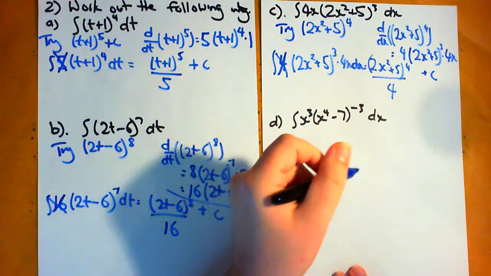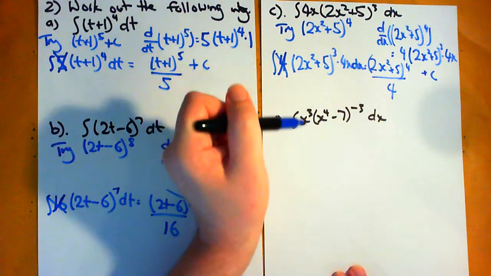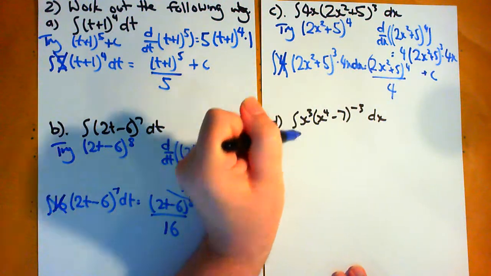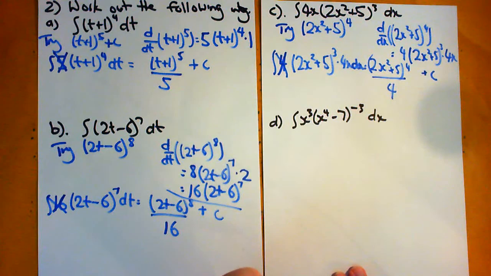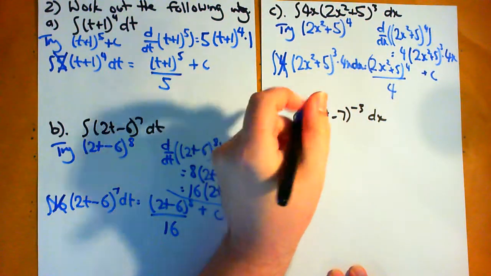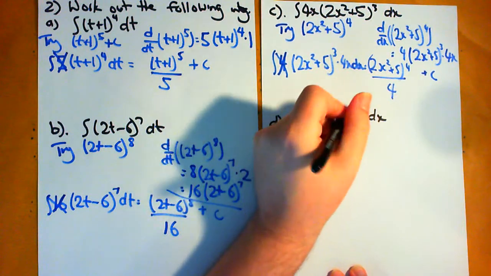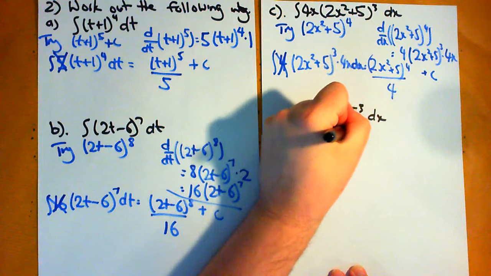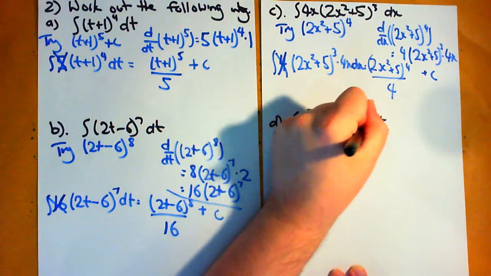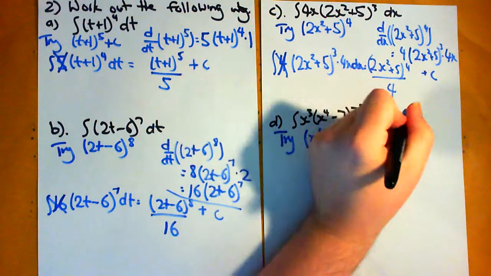We don't need to worry about that because this last bit, when we multiply or divide, is going to pick that up for us, so we don't need to worry about that missing 4. We need to therefore try that bracket, (x⁴ − 7) to the power of, increase that power by 1, −3 + 1 is −2, and your constant.